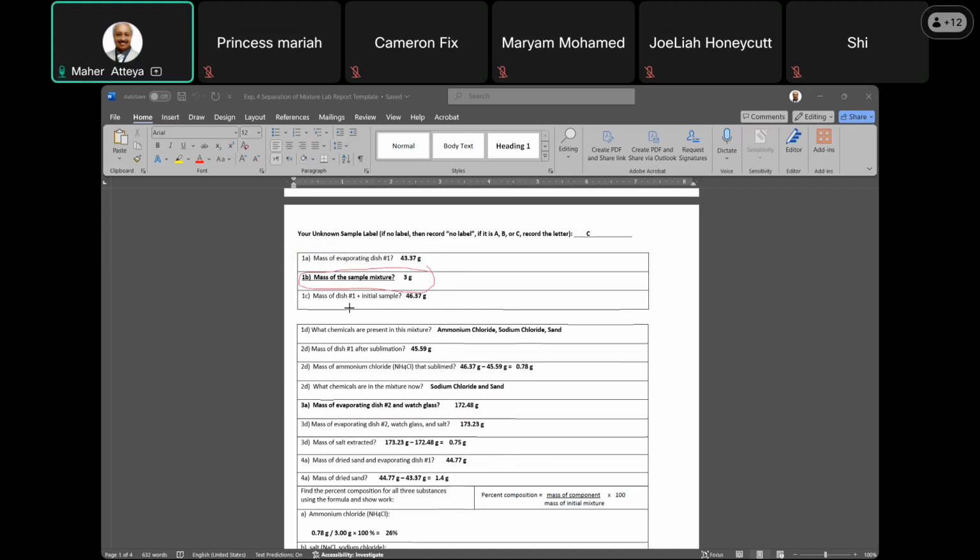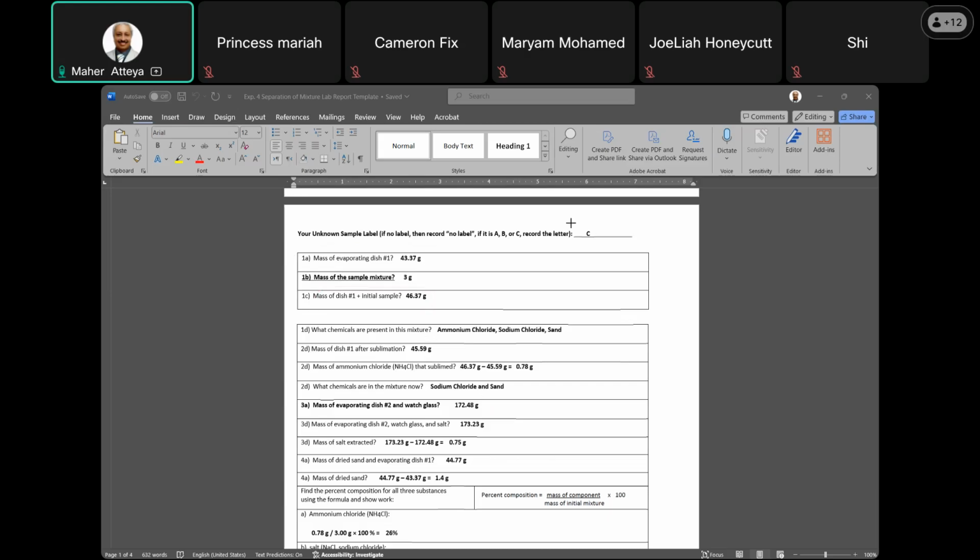So then the mass of dish number 1 with the amount inside of the heterogeneous mixture, you have the sand, correct? And sodium chloride and ammonium chloride. So that's the whole sample of the whole heterogeneous mixture.